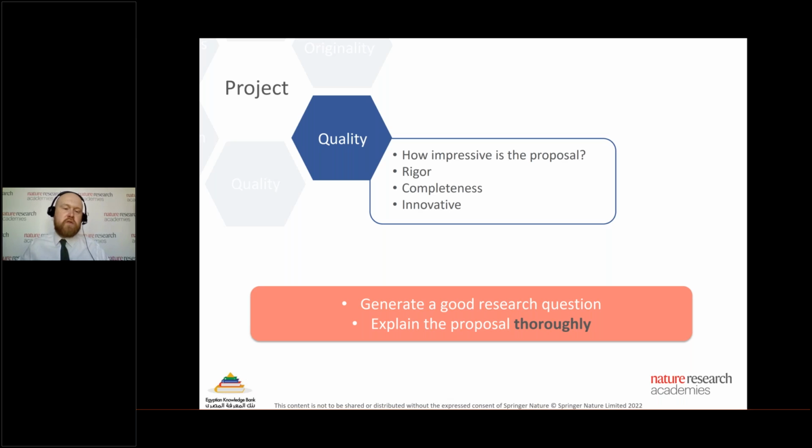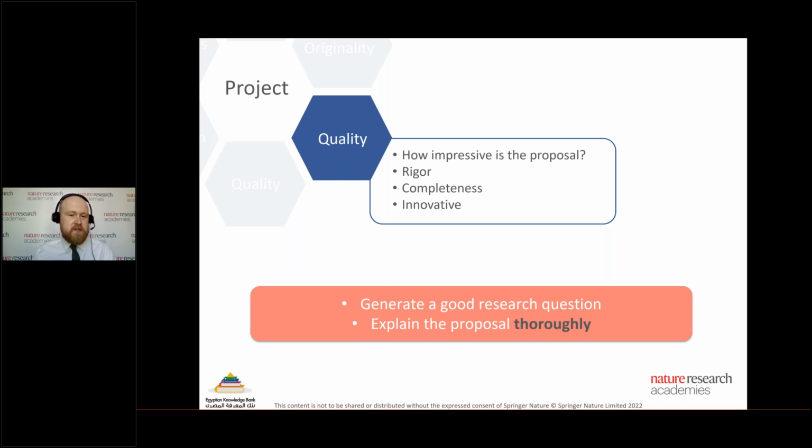So we want to be sure that we're thorough when we explain why our project needs to be done, what the research question of our project is, and what the aims of our project are. We want to be sure to not miss anything out, okay? But then also we want to provide guidance about the techniques and tools and methods that you're going to use in your project. So I do also recommend generating a good research question.